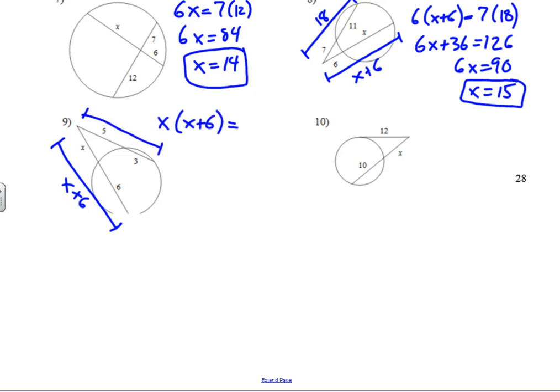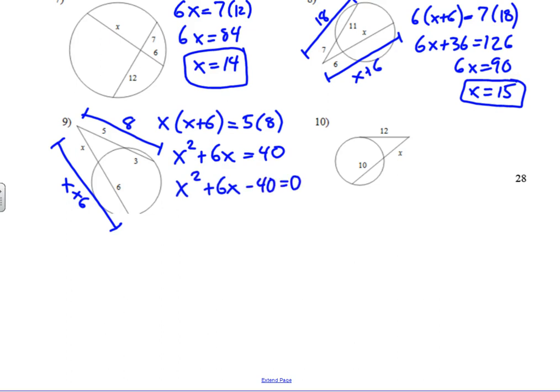And then over here, the whole length is 8, equals 5 times 8. So this is a case where now we get a quadratic. X squared plus 6x equals 40. So this is x squared plus 6x minus 40 equals 0.